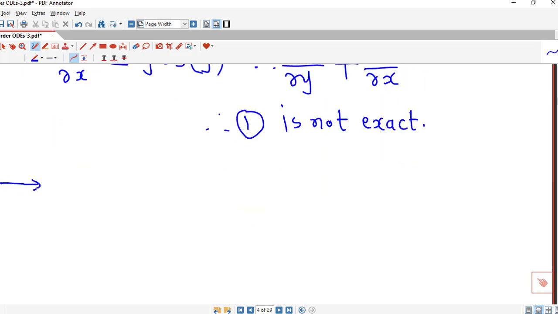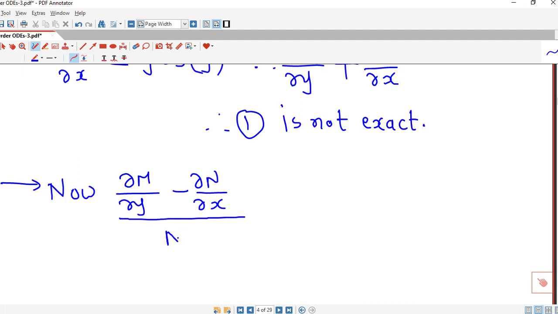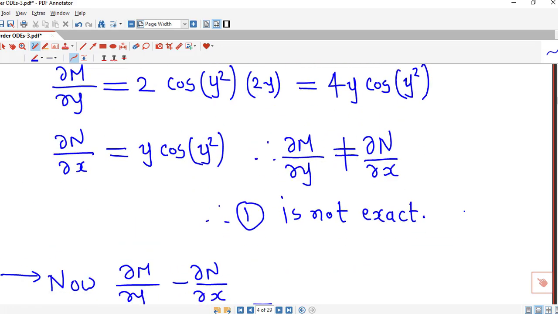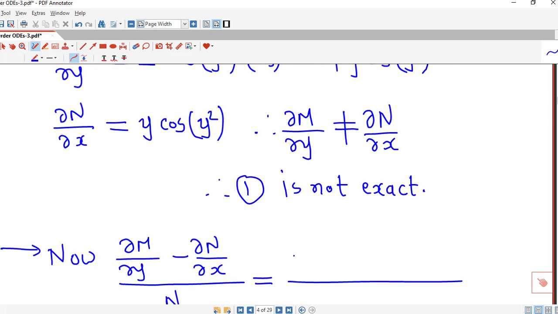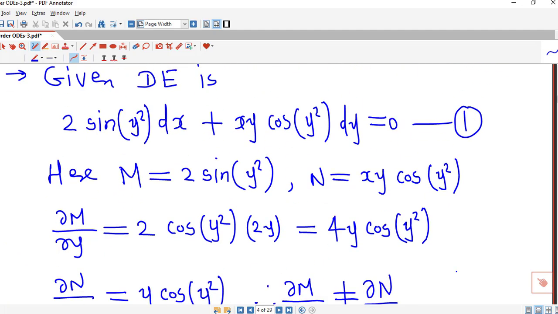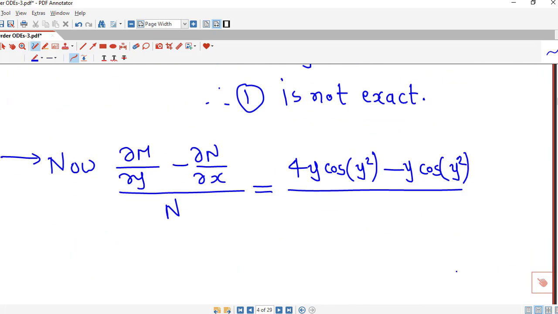Now we try to find the quantity del m by del y minus del n by del x over capital N. Del m by del y is 4y cosine of y square minus y times cosine of y square, divided by n, which is xy cosine of y square.